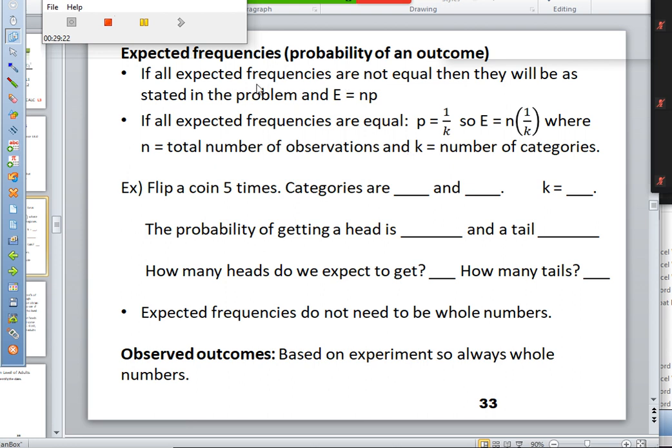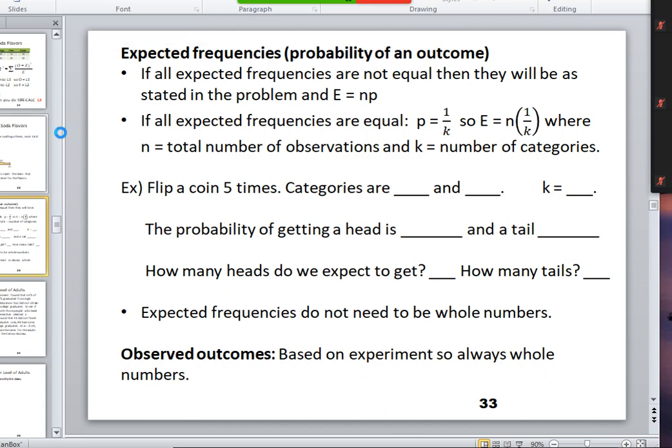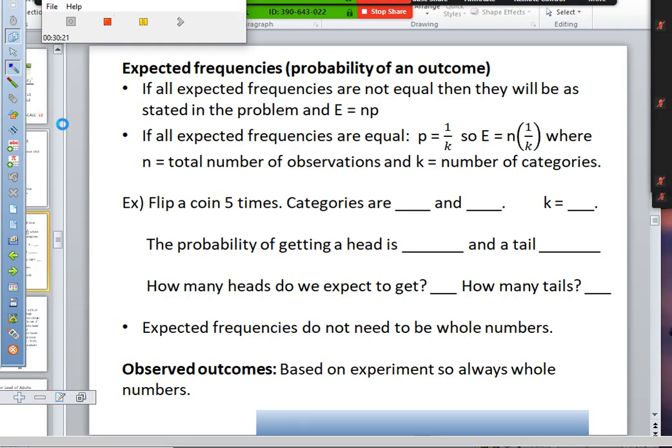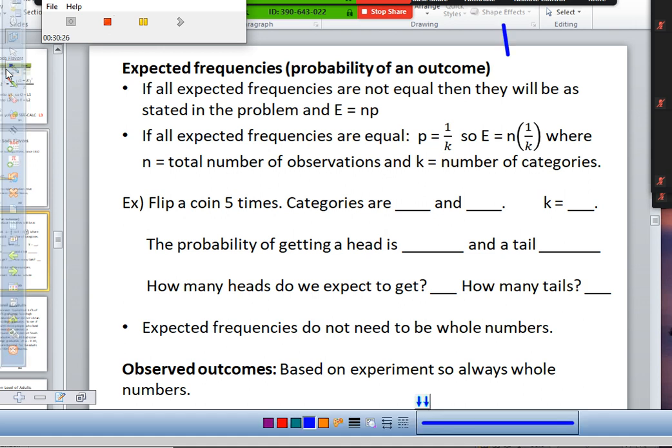So here's the thing. If the expected frequencies are not equal, like remember I said before, I think that 20% of you, 30% will get, we'll say, 10% will be D's, right? And then 20% will be C's, whatever.